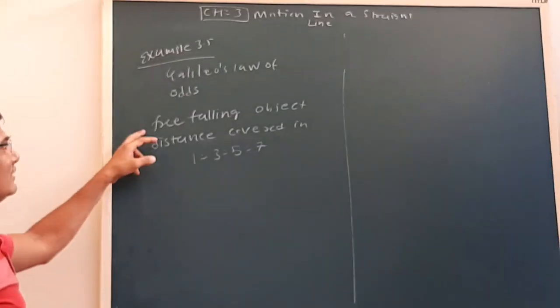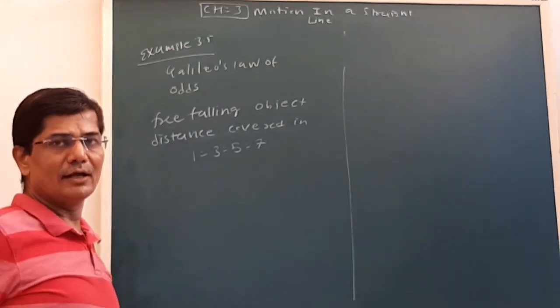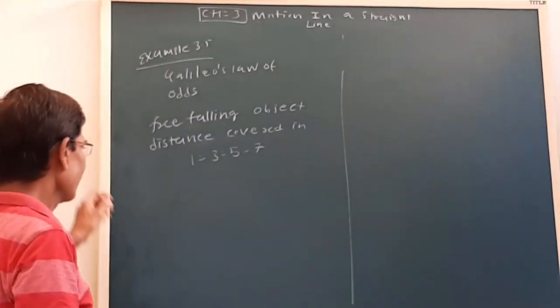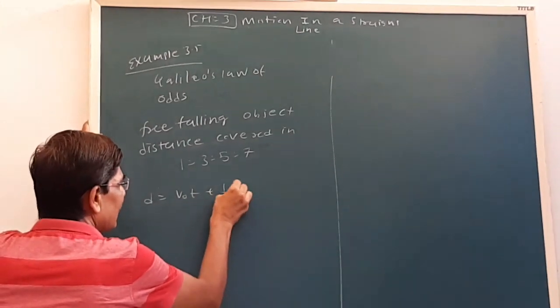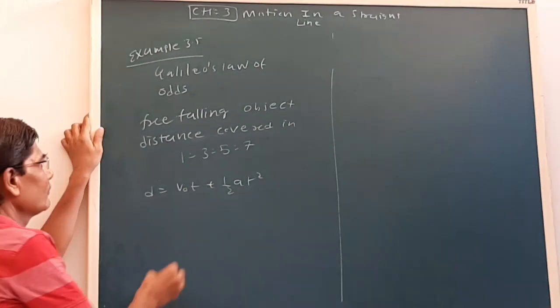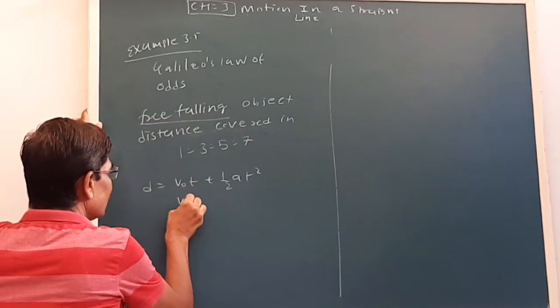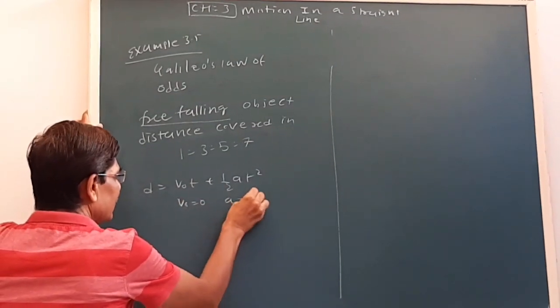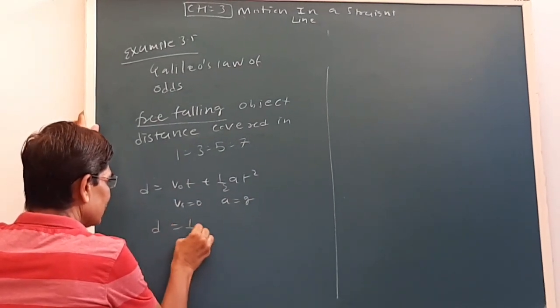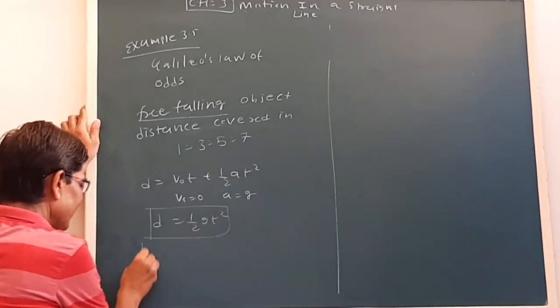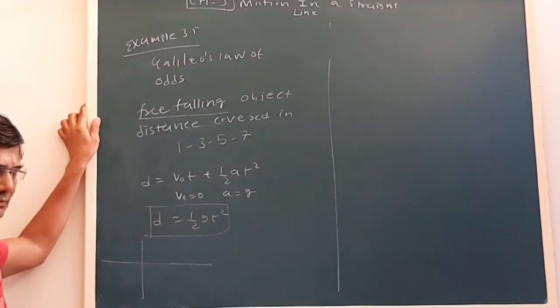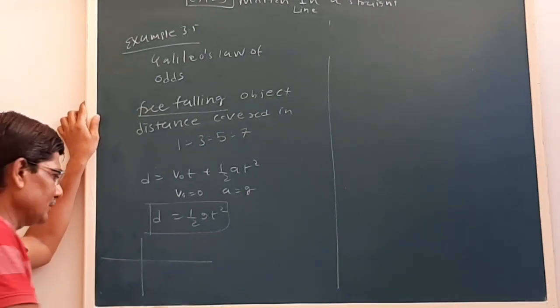Earlier we have seen the equation for a free falling object. The distance covered is v0 t plus half at square. But for a free falling object, v0 is 0 and a is g. So d we get as 1 by 2 g t square. Now, the convention will be part of our discussion.